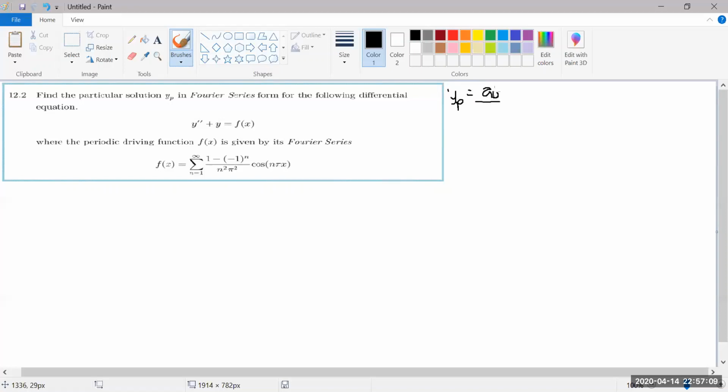So we have a naught over 2 plus the summation n equals 1 to infinity of a sub n cosine pi n x, and then plus the summation b sub n sine pi n x. And that should look familiar because you needed to use it in the last problem on your exam. So, I mean the first problem on your exam.